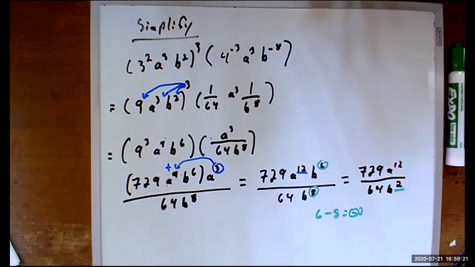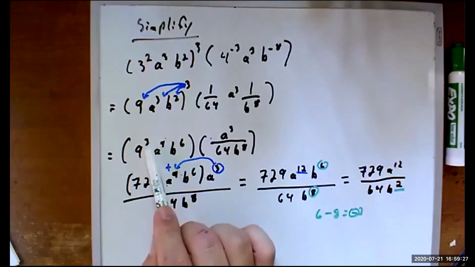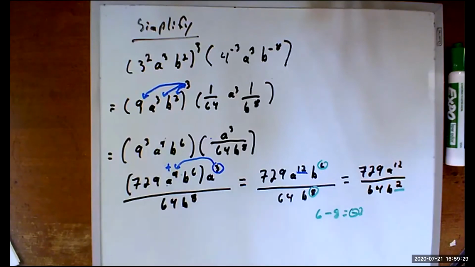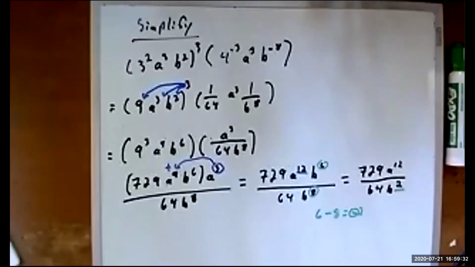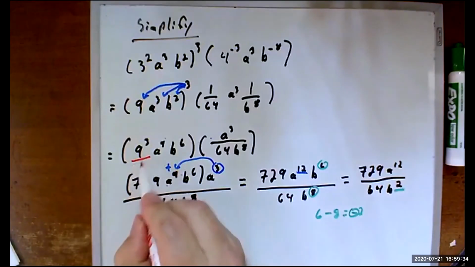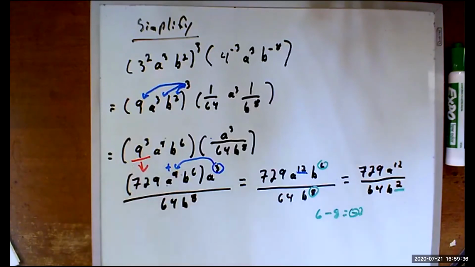And because it's a negative, we want it on the bottom of the fraction, so we put it there. Those are the two pieces I skipped over a little quickly, so hopefully that'll help clarify some things for some people. The 729 came from the 9 cubed, 9 times 9 times 9.